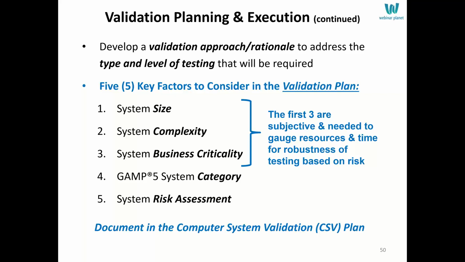It could be used by multiple sites. System business criticality, is it something you must rely on, for example, for lot recall? As size increases, complexity increases, and business criticality increases, each of these things contributes to having to do more work, usually, if they are big enough.